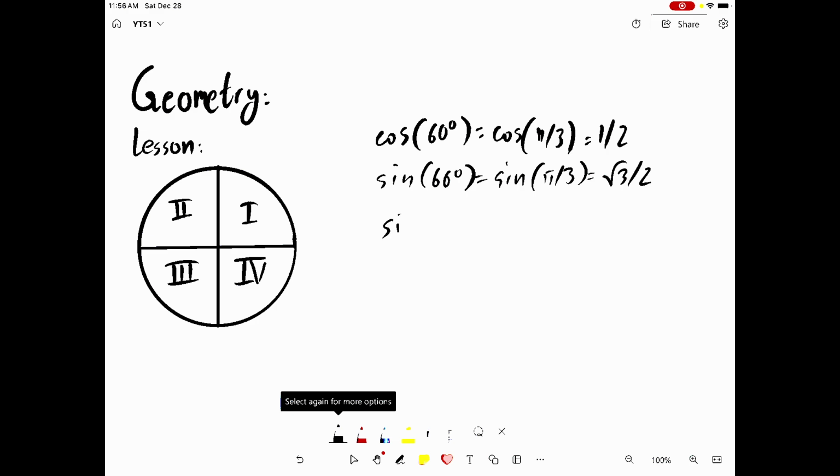Sine of 90 degrees, or sine of pi by 2 radians, is equal to 1. But the cosine of pi by 2 radians, or 90 degrees, is equal to 0. For 0, which I haven't mentioned just yet, it's the exact opposite, where cosine of 0 is 1 and sine of 0 is, of course, 0. That's about it for the first quadrant.